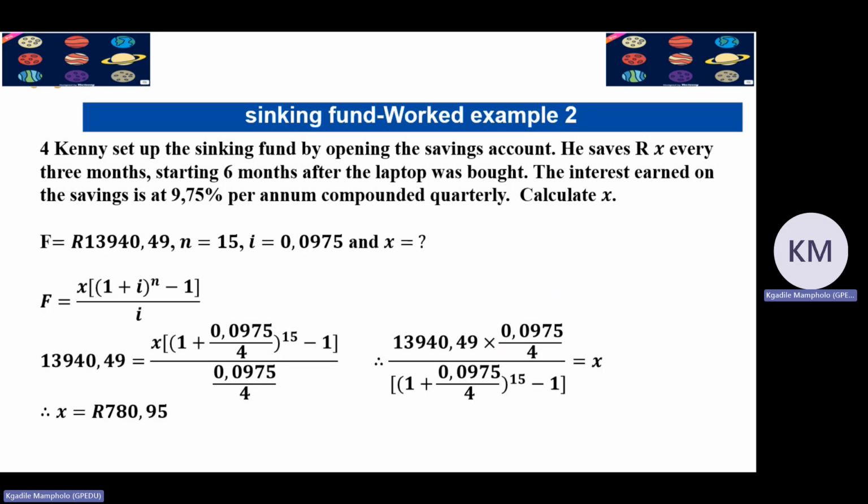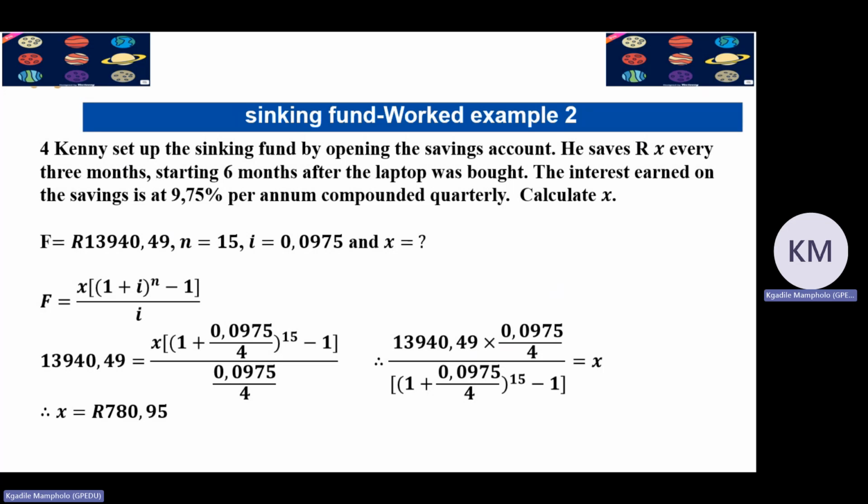But since he started 6 months after that, it means Kenny missed the first 3 months, which is the first quarter. That's why it will be 4 times 4, which is 16, because it's 4 years and it's compounded quarterly.